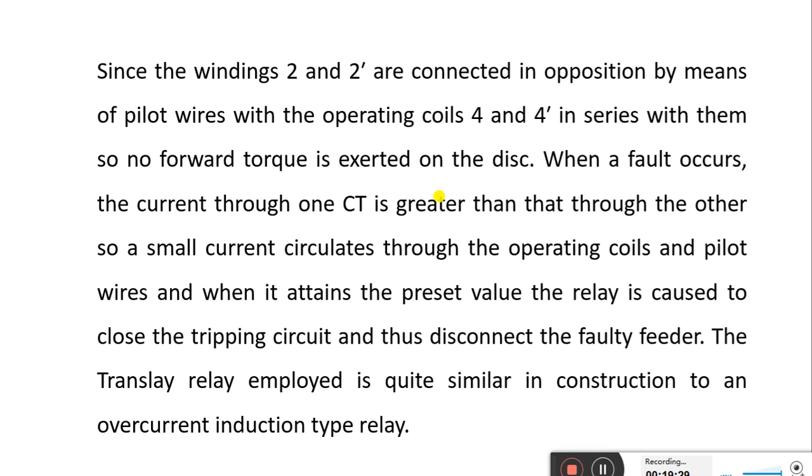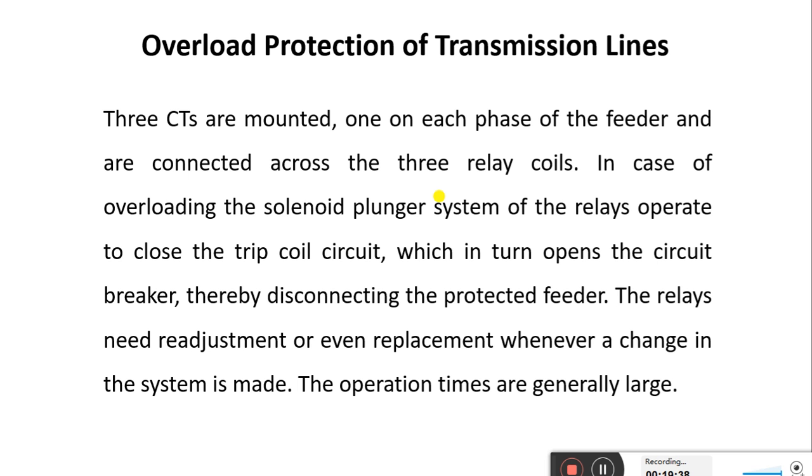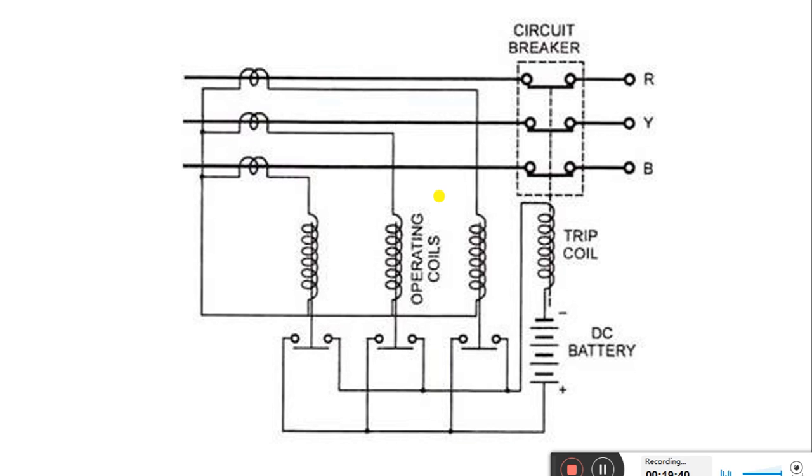about the overload protection system, in which we have discussed first a normal overload protection system of a transmission line, where 3 coils are connected one by one in each phase, and a trip coil is connected with the battery supply.